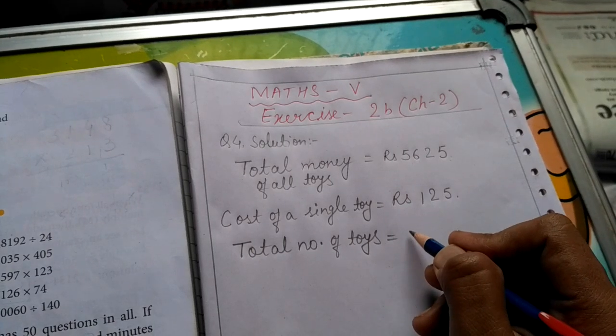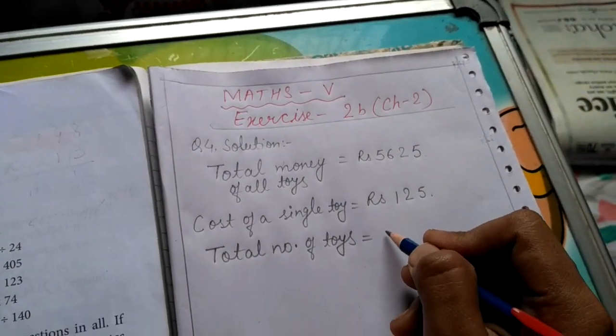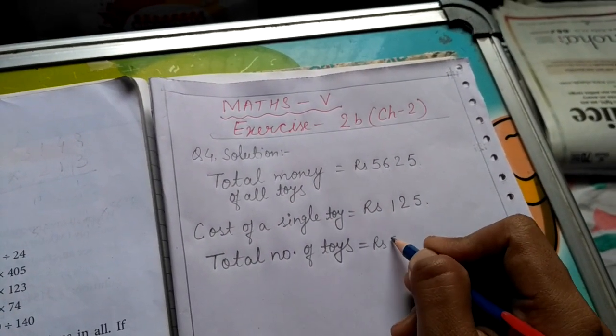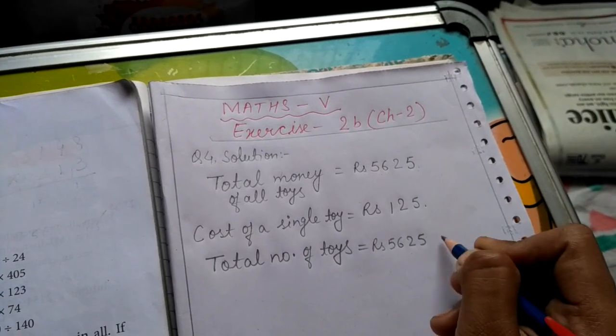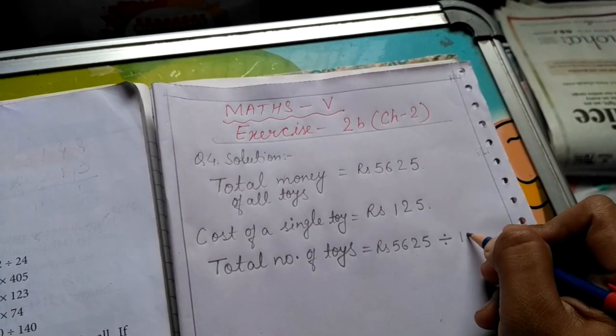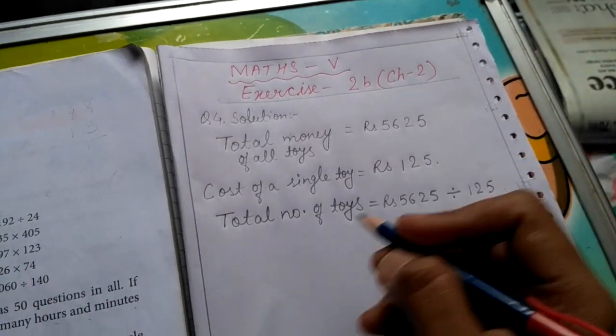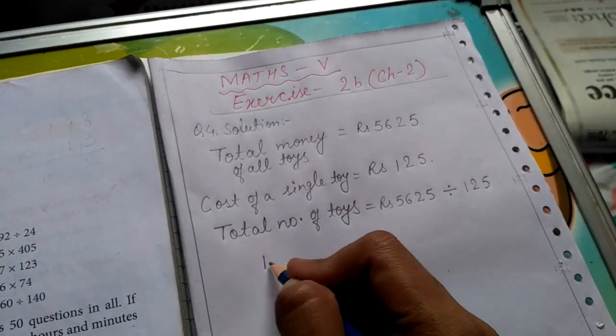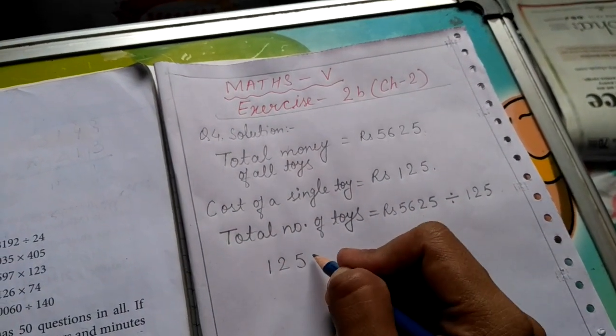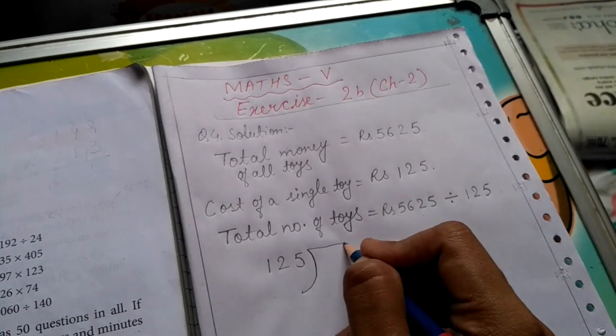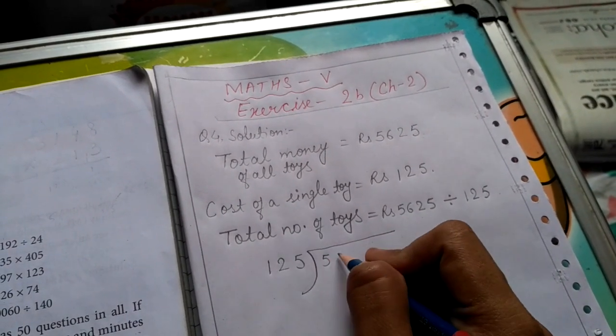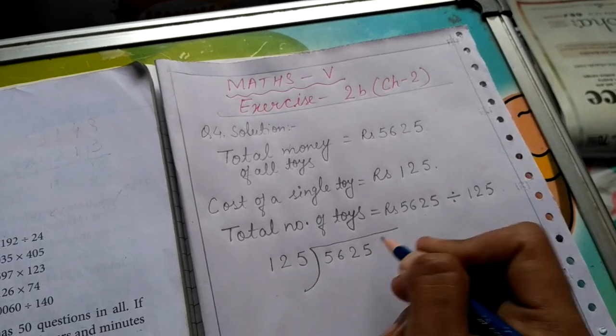So we will write it like that: rupees 5625 divided by 125. Then you have to show the process also. 5625.